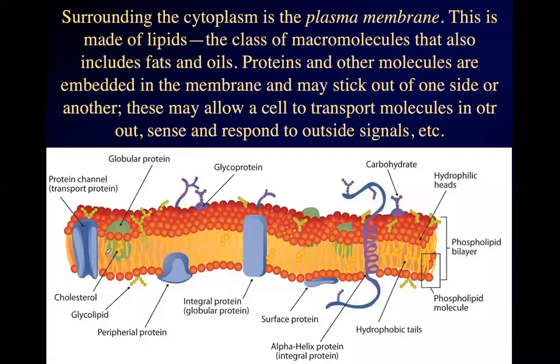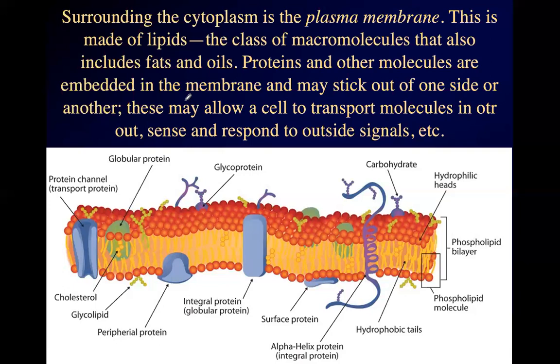And what keeps the cytoplasm in and the outside out is called the plasma membrane. And the plasma membrane is not really a solid. It's not like rubber or anything like that. It's a two-dimensional film of lipids. You might remember from way back that we looked at the four basic classes of macromolecule: carbohydrates, lipids, proteins, and nucleic acids.